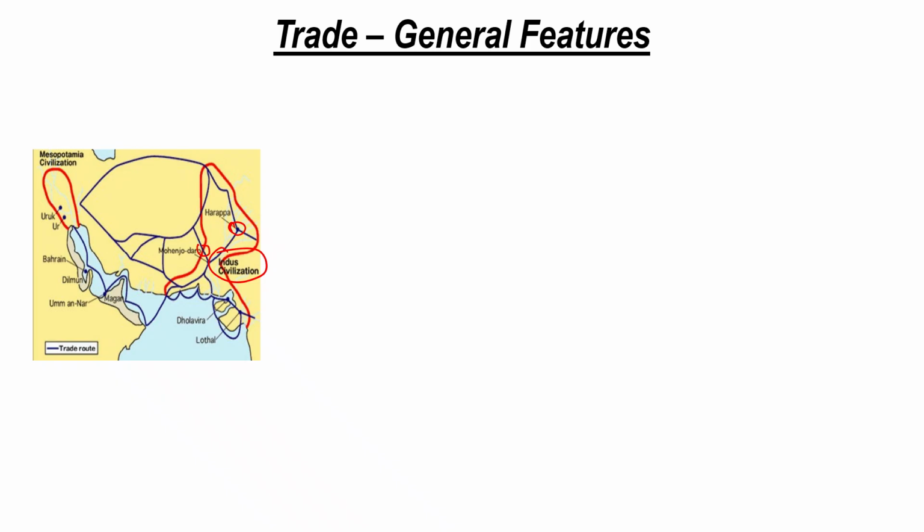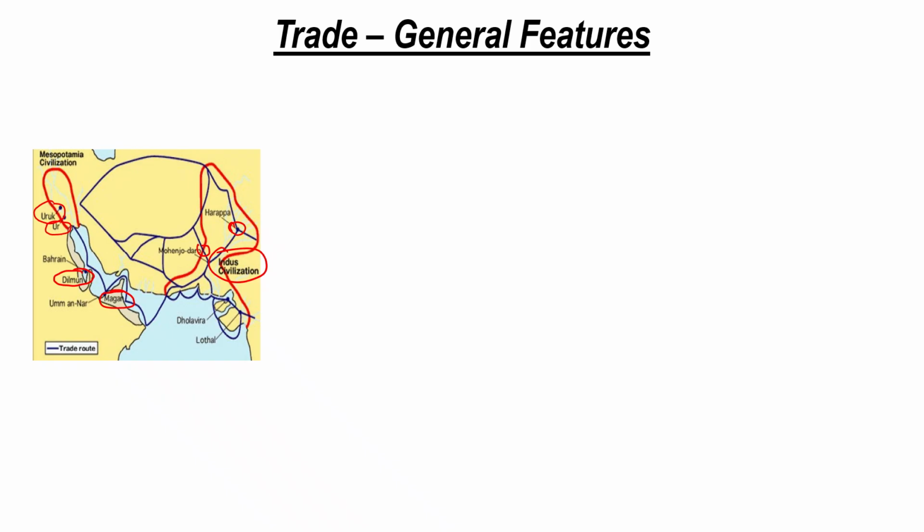So from here, internal trade was done, and the blue lines are external trade. So here we find a place called Dilmun. Then we find a place called Magan. Magan is Oman coast. Dilmun is Persia, and this is the place Uruk. All these are places of Mesopotamian civilization.